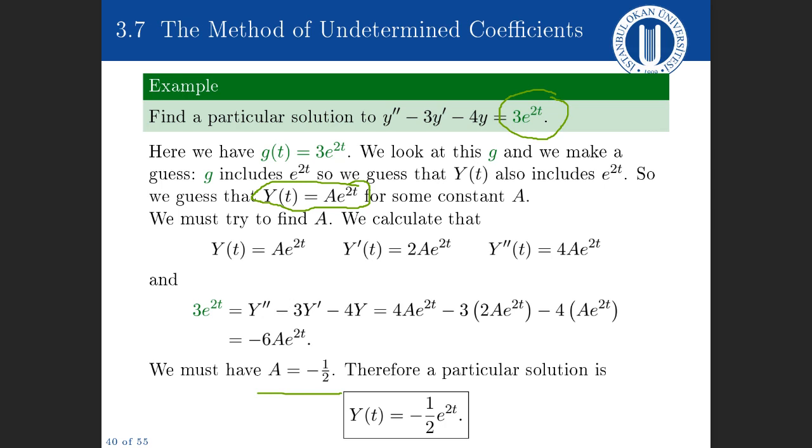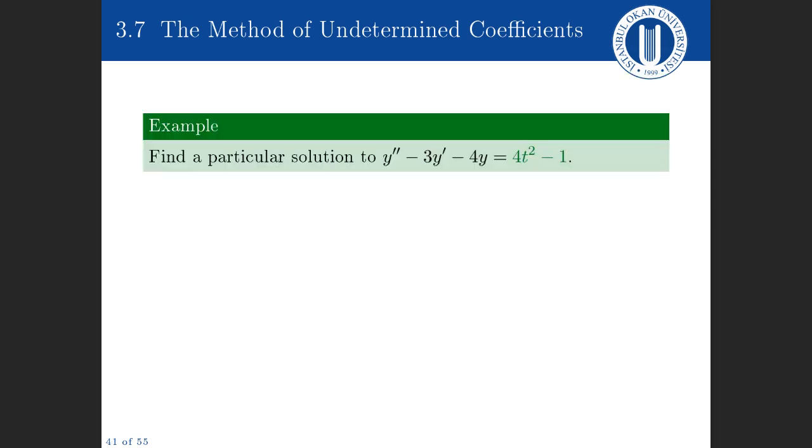Let's do another example. Find a particular solution to y double prime minus 3y prime minus 4y is equal to 4t squared minus 1. So let's do the same thing. Let's look at the green function and ask, what type of function is this?